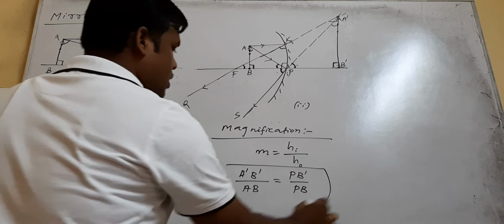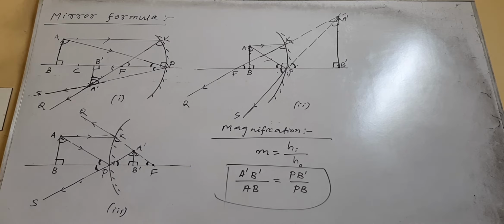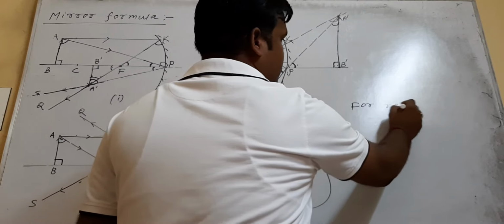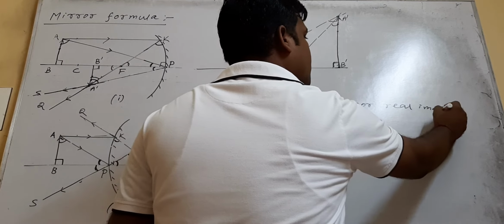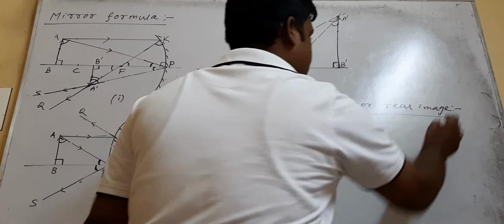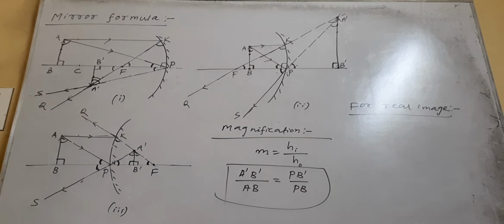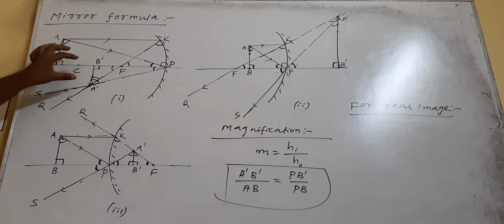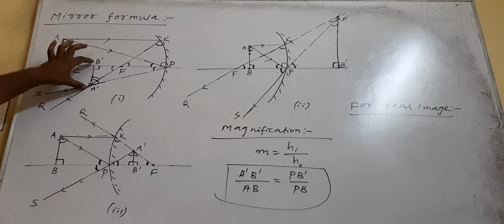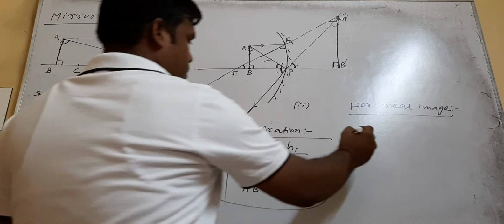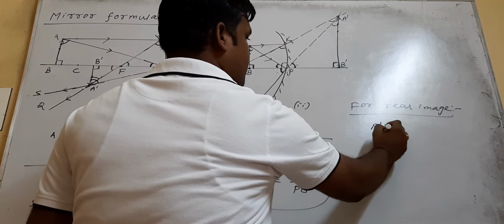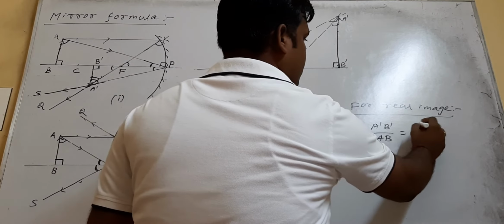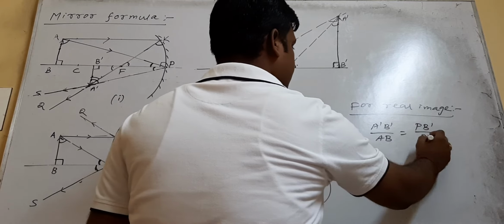This equation we have. Now for a real image, what is the magnification formula? You see, it is the real image, A'B' is inverted. So you use this formula: A'B' by AB is equal to PB' by PB.